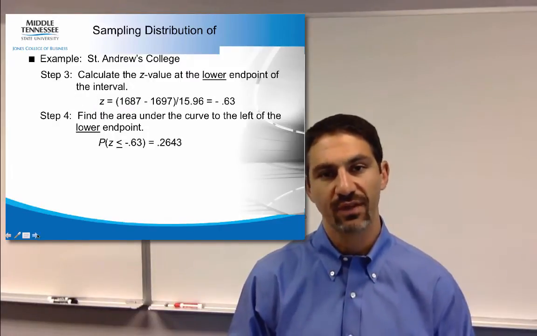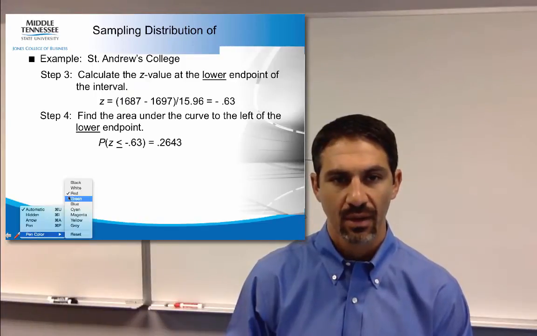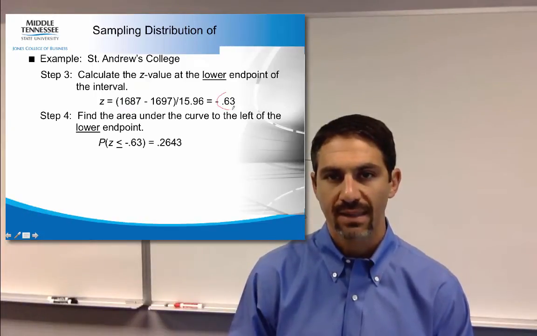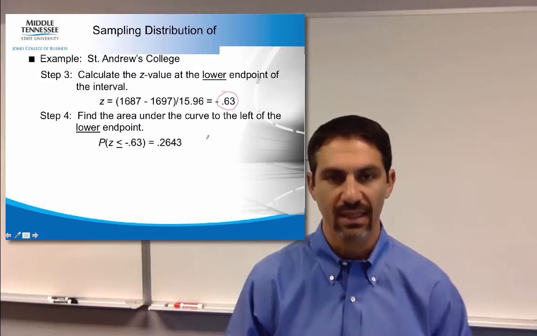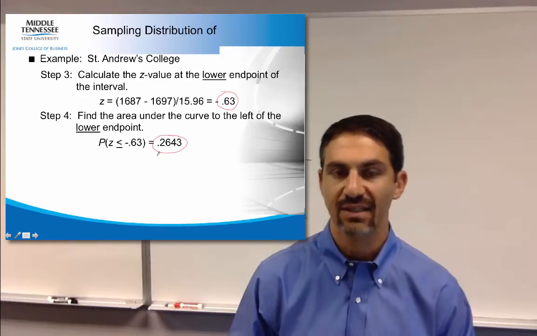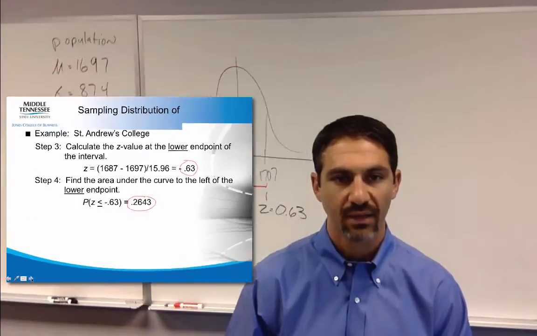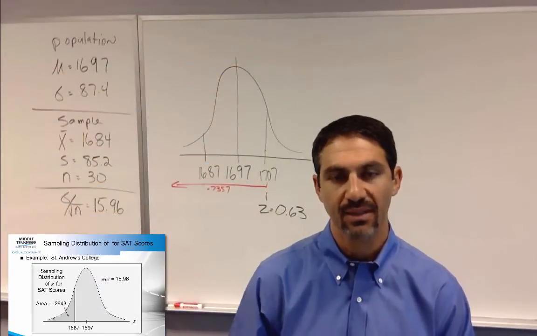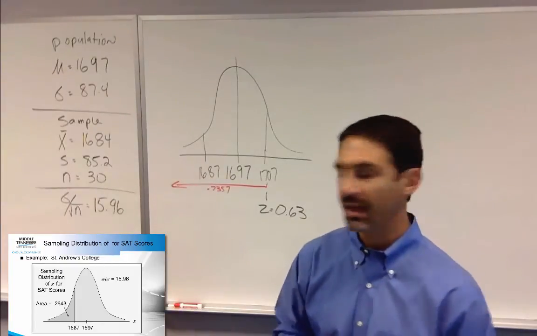And then if we now do it for the lower one, it's going to be the exact same value except negative. And when you look up a negative, you're going to get the same thing pretty much just on the left side. And you see here, that's actually the complement of our other value here. Let's see what we get. And that's actually the 0.2643.